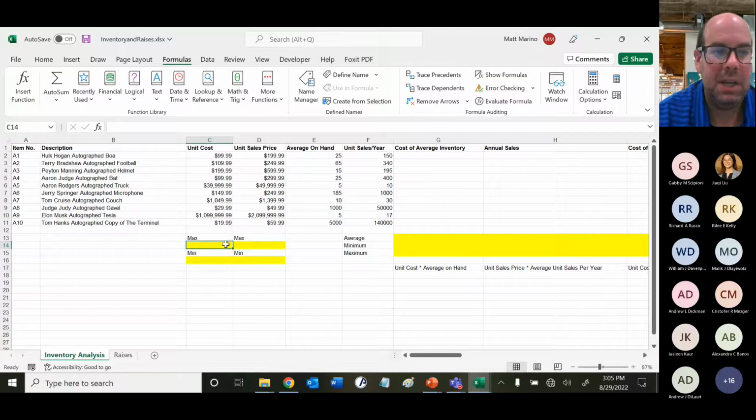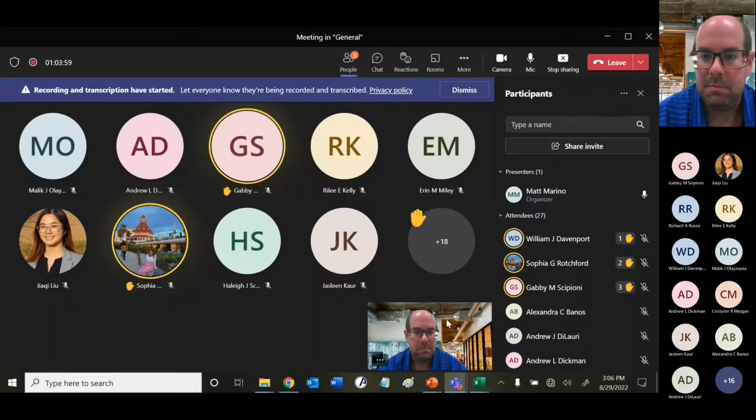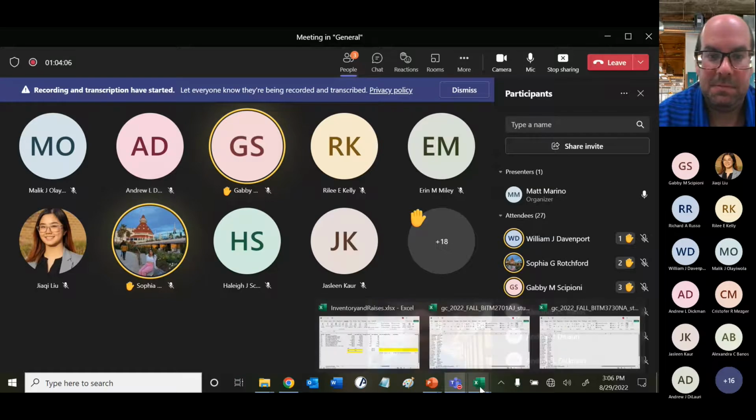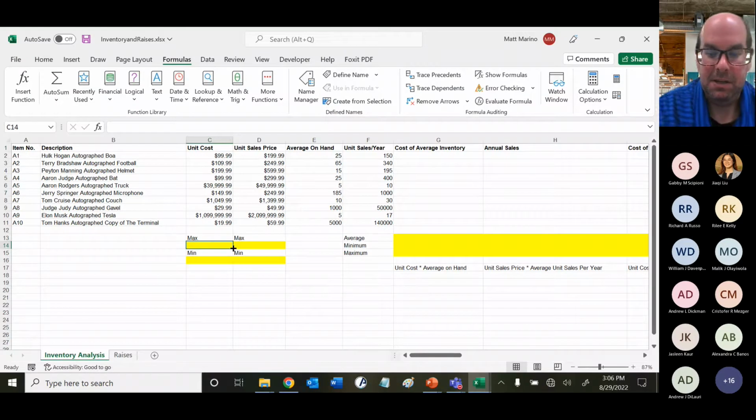Right. So we need to calculate our max for our unit cost and unit sales price, as well as our min. Does anybody know how to calculate that? Sophia, you know? No, nobody knows?